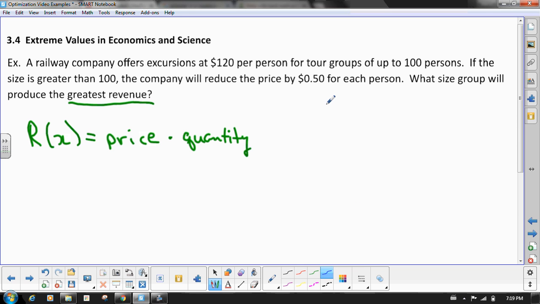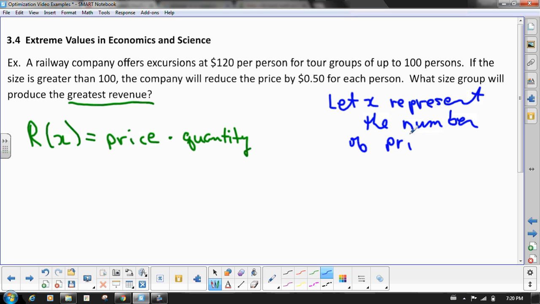So every time we drop the price by 50 cents, we get an extra person. Or if we have an extra person, they're going to drop the price by 50 cents. So I'm going to let x represent the number of price changes.